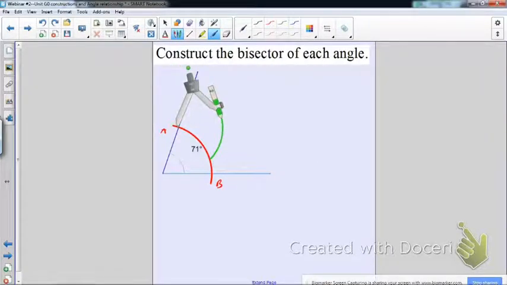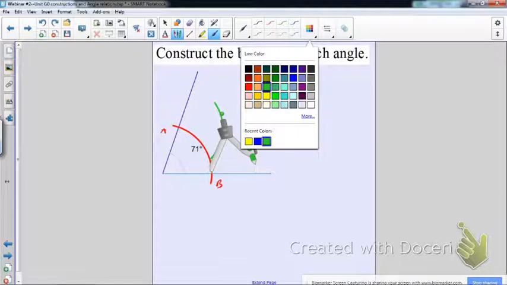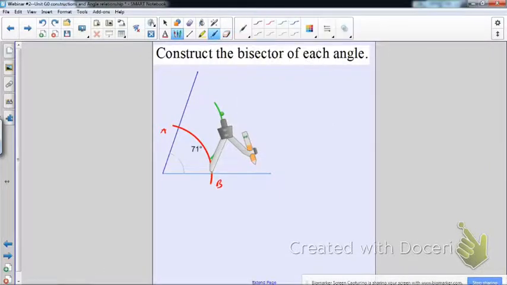And then you're going to go that same distance to B, and we'll put a different color. We'll put this color. And we are then going to create the arcs. The intersection of these two new arcs we'll call, let's say, C, and we'll call the vertex X.